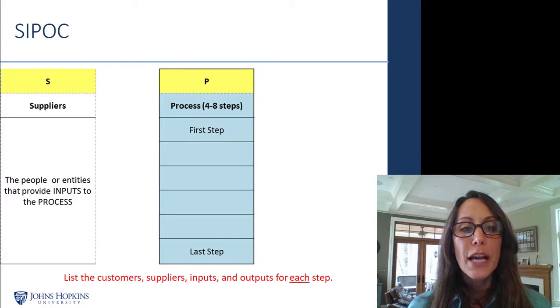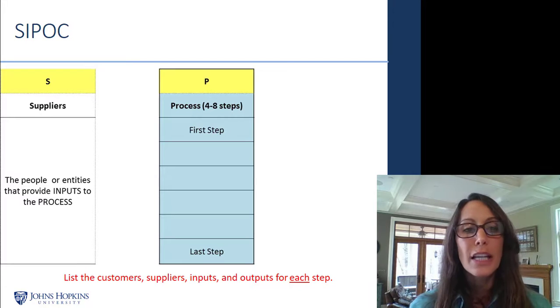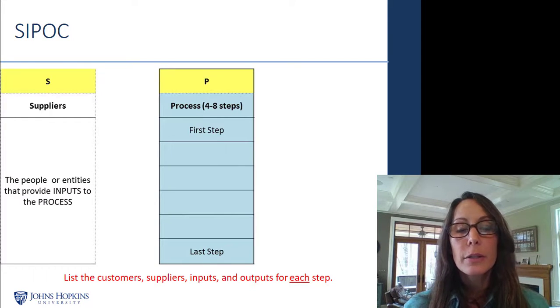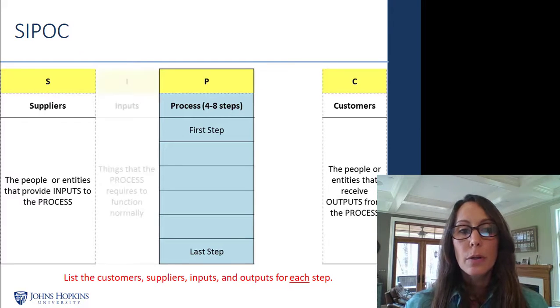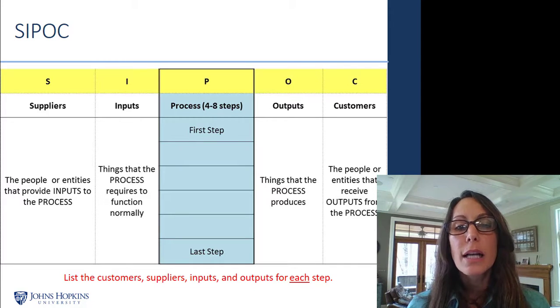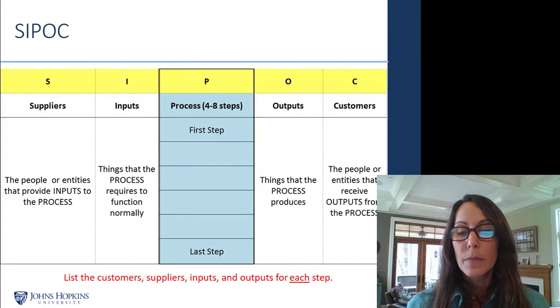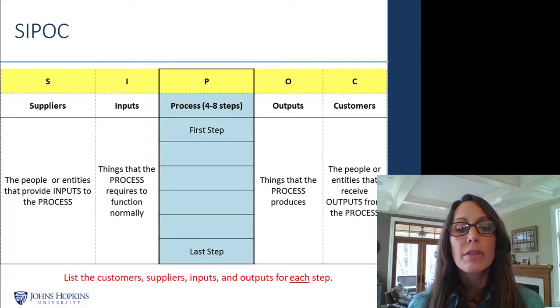Starting with the first step, we go through a series of understanding who is the supplier of information, data, equipment, knowledge into that process, who's the customer that receives the output from that step, what is the supplier inputting, and what is the customer receiving. All right, so we do that for each step of the high-level process steps that we've listed in the middle.